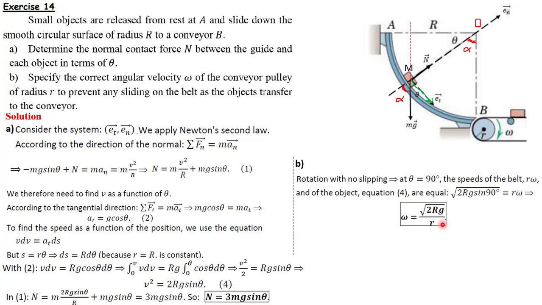So this exercise is a classical exercise dealing with the application of Newton's second law with the use of the normal and tangential unit vectors. We also used the expression v dv is equal to a_t ds, because we noticed that the tangential acceleration depends on theta.